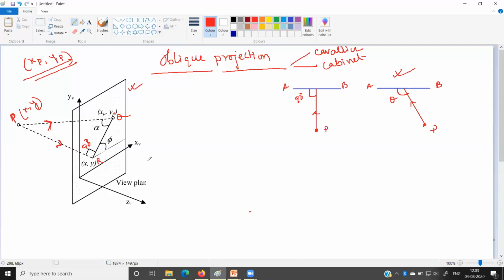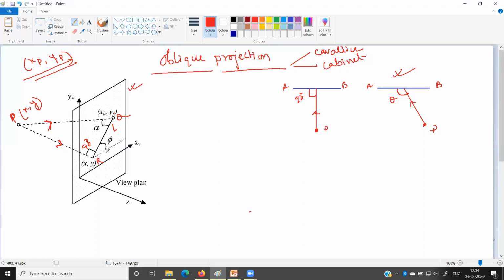Now how can we compute it? You can see if we join this line Q and R, let us say the length of this line is L. This angle is alpha. This angle is 90 degrees. And we consider there is another angle, which is phi.